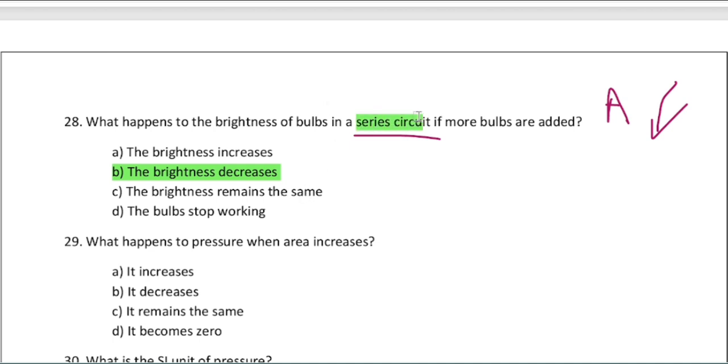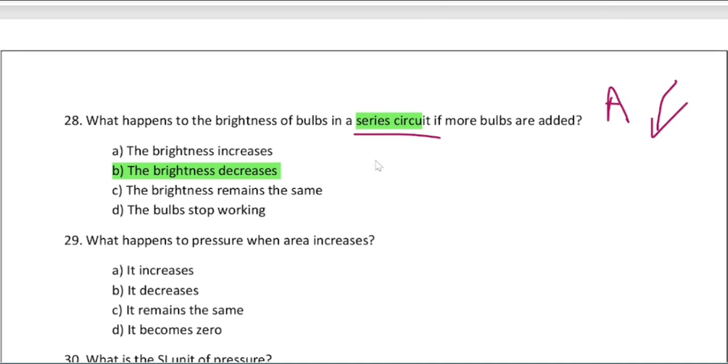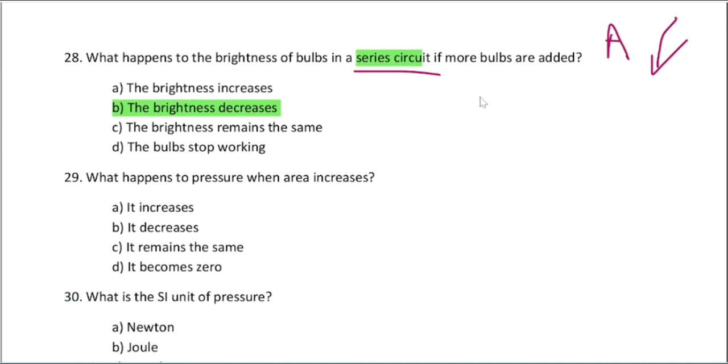This is a series circuit, not a parallel circuit. If it were a parallel circuit, you could select answer C, that the brightness remains the same. But this is a series circuit, so brightness should decrease when more bulbs are added. If you remove bulbs from this series circuit, the brightness will increase.